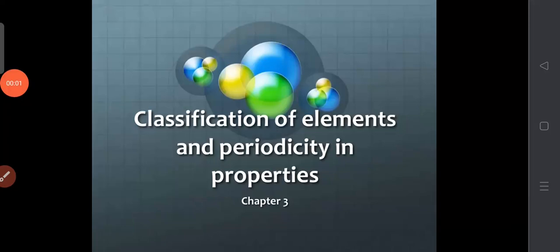Good morning students. So today we will discuss our next chapter, chapter 3, classification of elements and periodicity in properties.